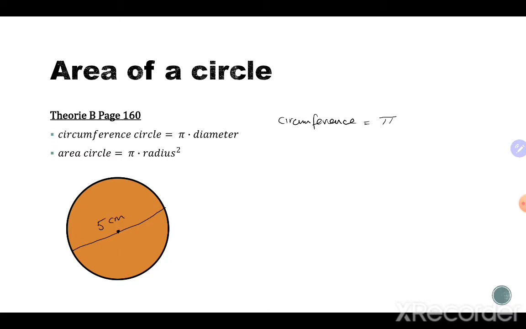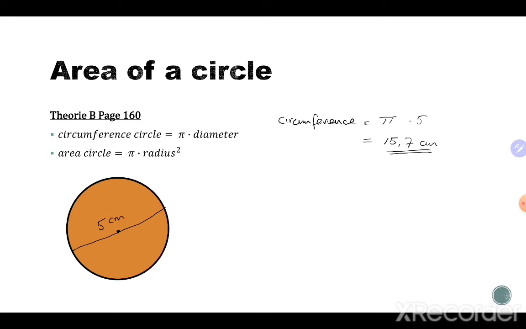The diameter is 5 centimeters, so pi multiplying with 5 centimeters. If you put the pi and the 5 in your calculator, then you get, if I round it to one decimal place, 15.7 centimeters. So that's what we learned in the previous video about the circumference.